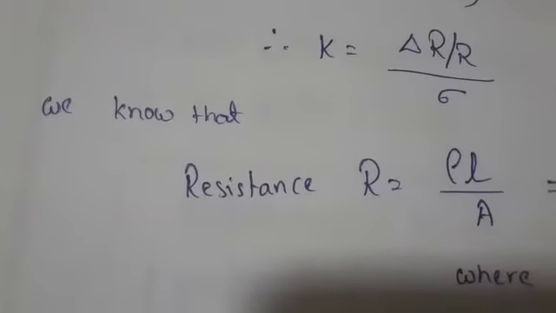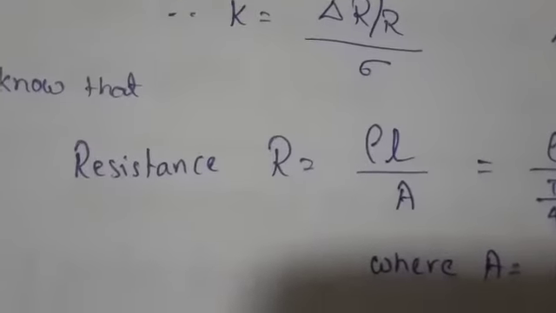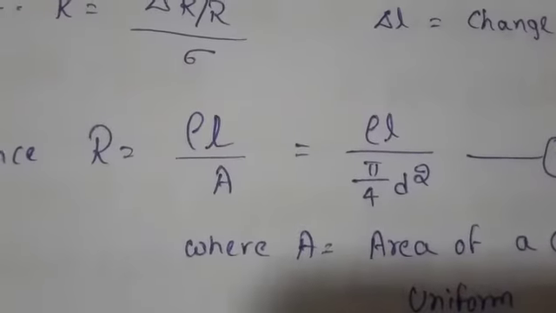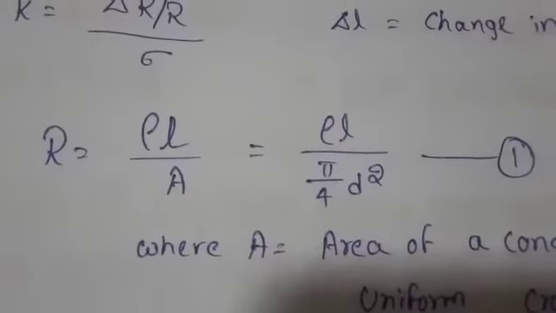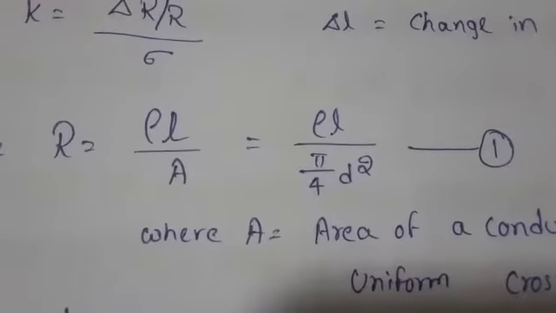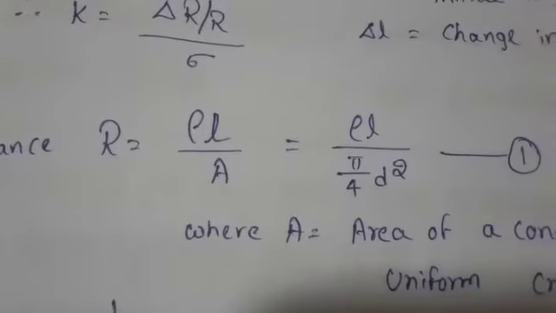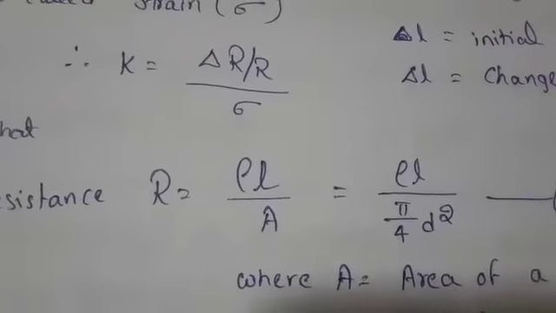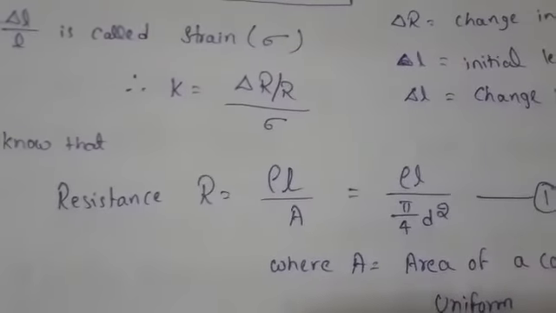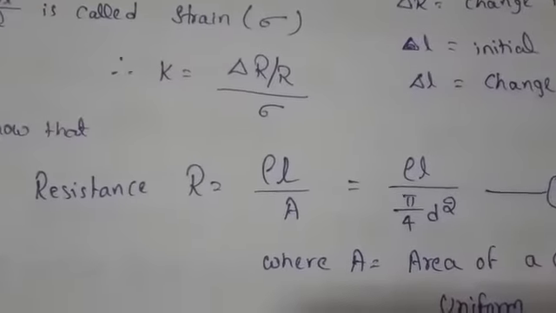Just now we discussed that R equals rho L by A. So from this we can write it as rho L by pi by 4 d square. Make it equation number 1, where A is the area of cross section of the conductor and d is the diameter. We discussed that whenever we apply strain, the length will increase and the diameter will decrease.